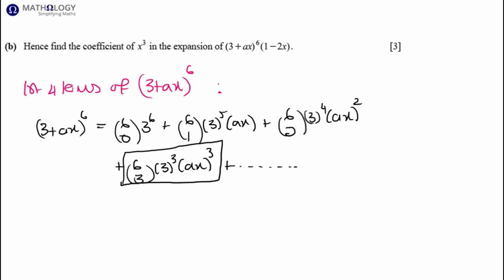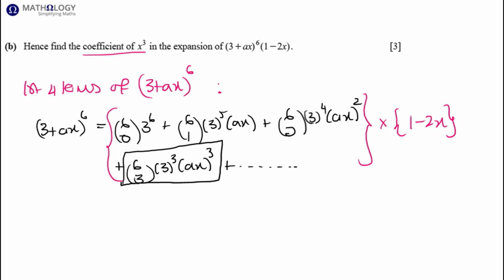Now, when we multiply this entire expression by 1 minus 2x, we are looking for the coefficient of x cubed. So if we just start with the 4th term over here, we will multiply it by 1 minus 2x.